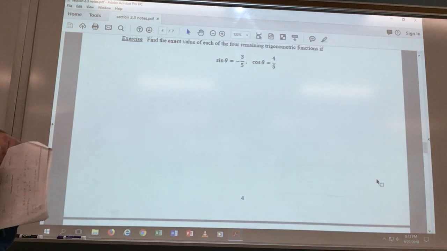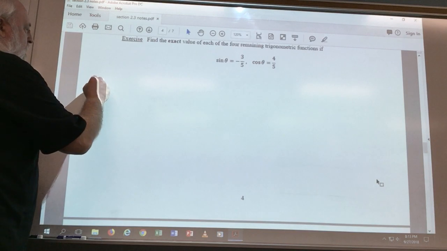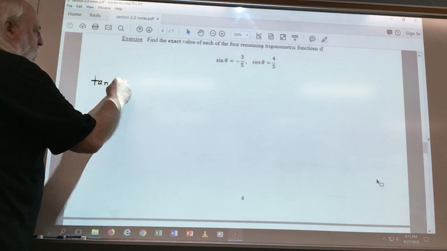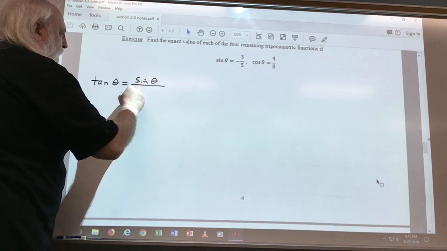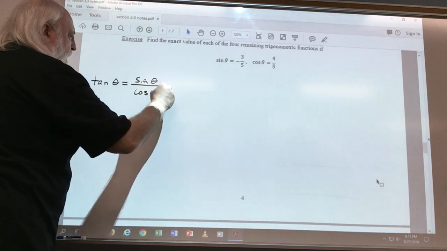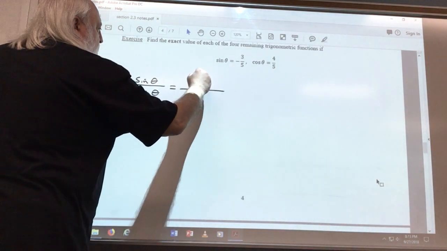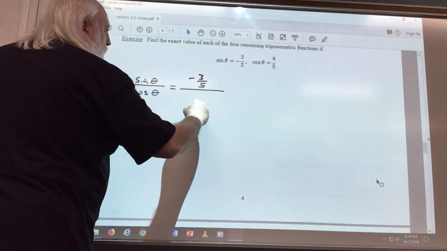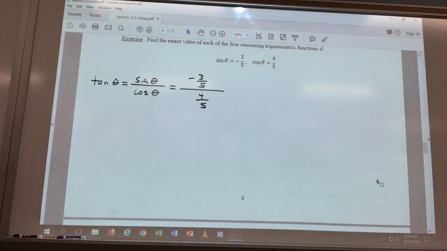So from up above, we know immediately that the tangent of the angle theta is equal to sine theta over cosine theta. Well, sine theta is equal to minus 3/5. Cosine theta is equal to plus 4/5.